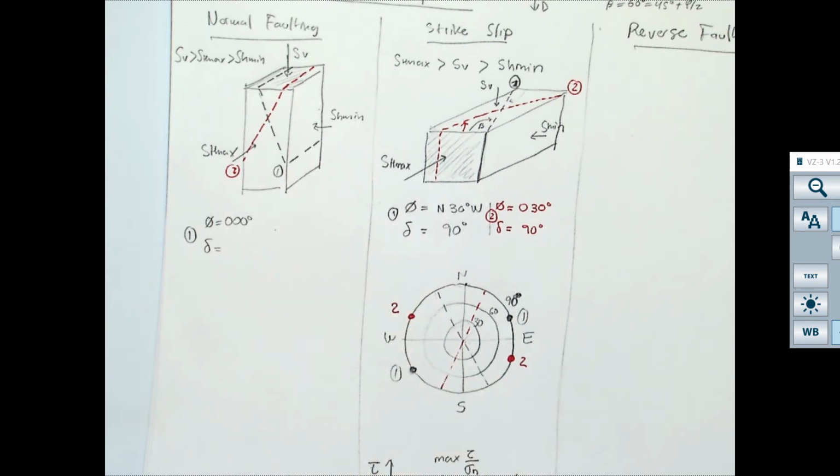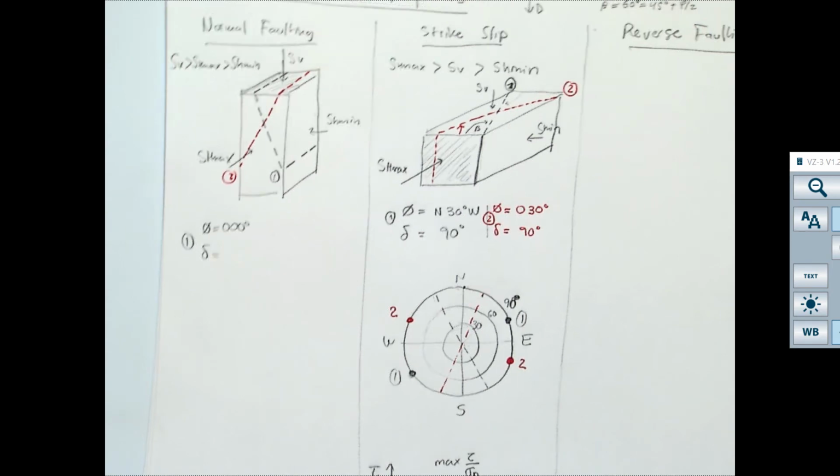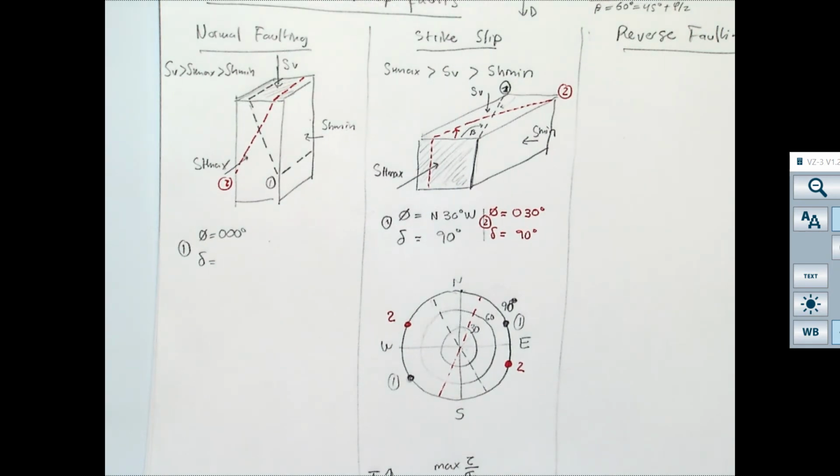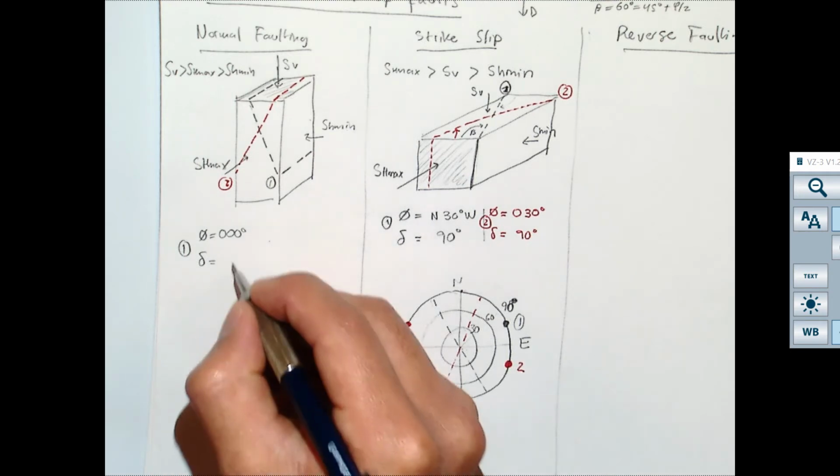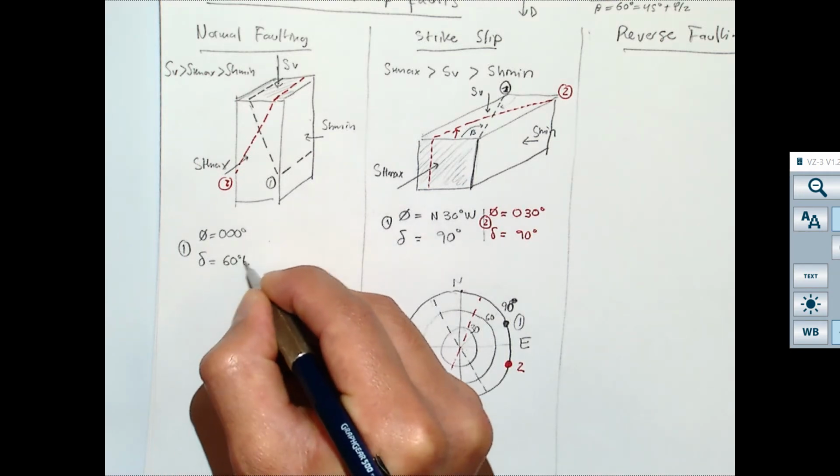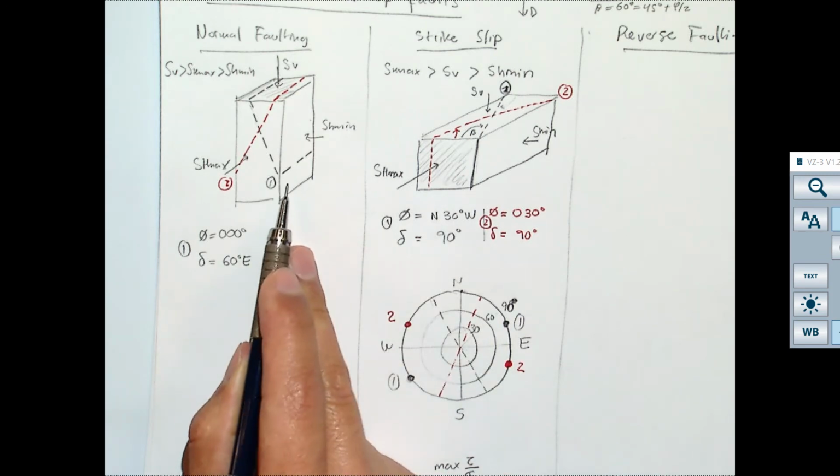What is the dip of number 1? How much? 60 degrees what? 60 degrees east, right? It's going 60 degrees towards the east, plane number 1.